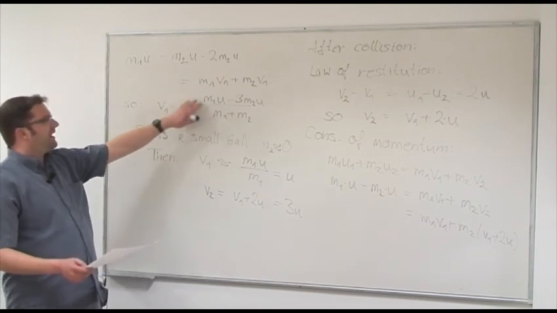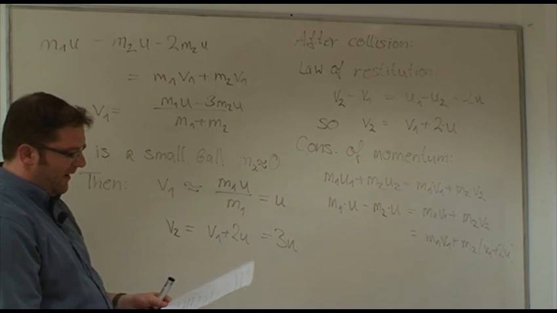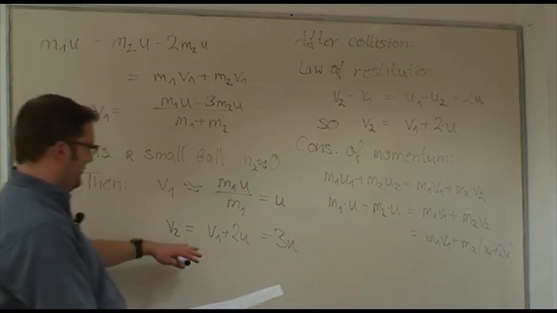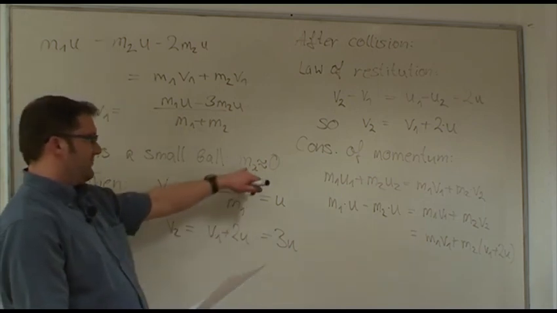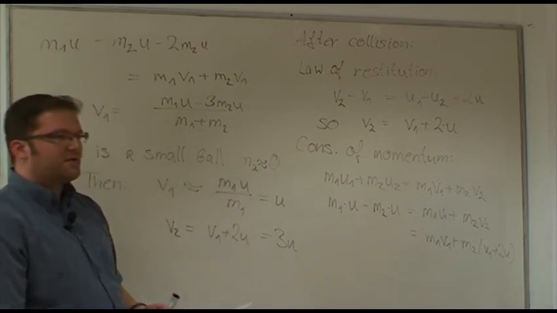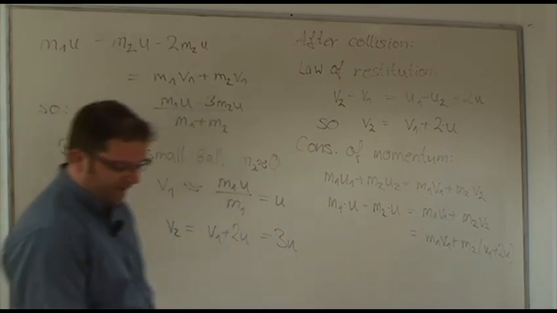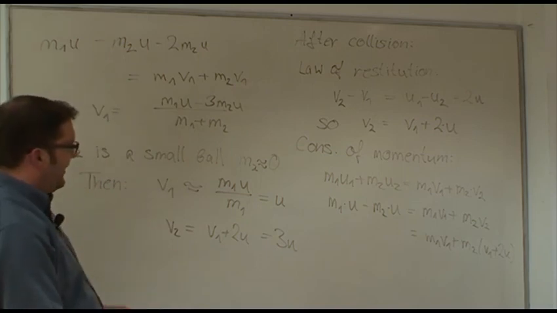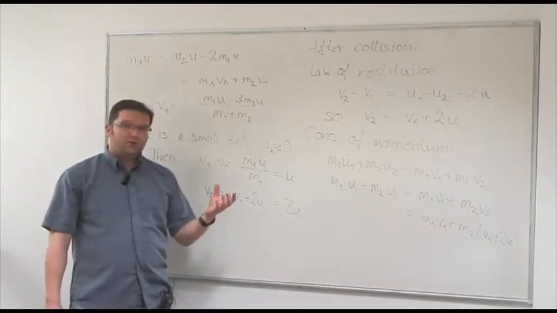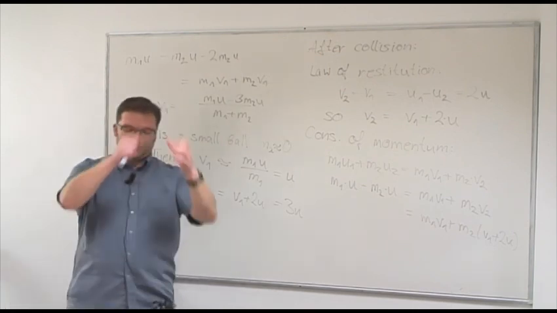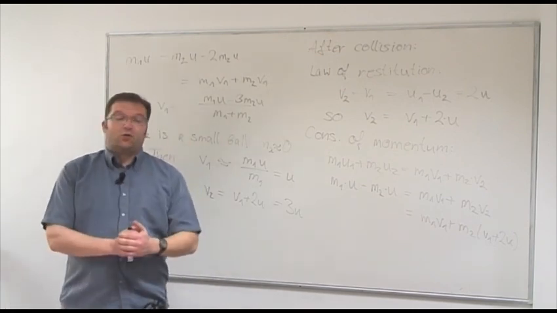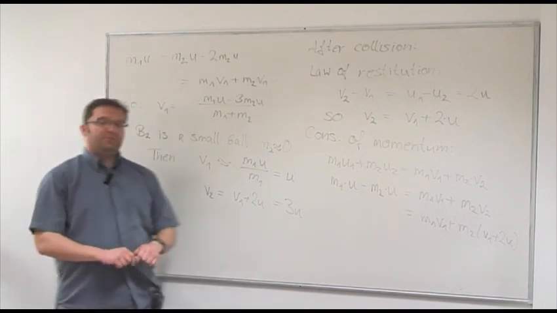And when you plug in these numbers for m1 and m2, you find that v2, that's the interesting speed, is not quite 3 times u, because m2 is not 0, but it's 2.65 times u. So for these more realistic numbers, the upper ball would still reach a height that is 7 times as high as the height from which it was dropped. So if you want to do the experiment, you better do it outside.